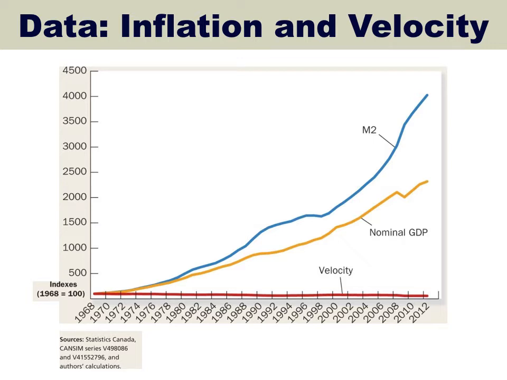And then Mary takes that $5 bill and buys something from Tony and gives Tony that $5 bill. And then Tony buys something from Yuki for $5, gives Yuki that $5 bill. This $5 bill has now exchanged hands 3 times. The velocity is 3.